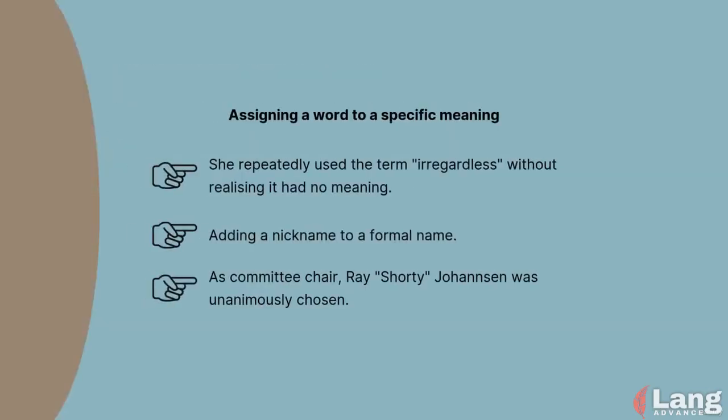Assigning a word a specific meaning. She repeatedly used the term "irregardless" without realizing it had no meaning. Adding a nickname to a formal name. As committee chair, Ray "Shortley" Johansson was unanimously chosen.